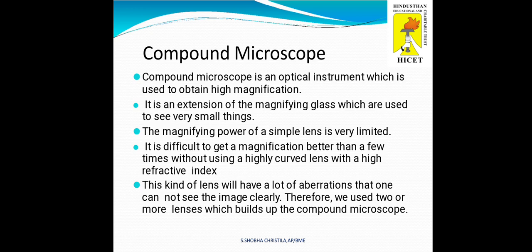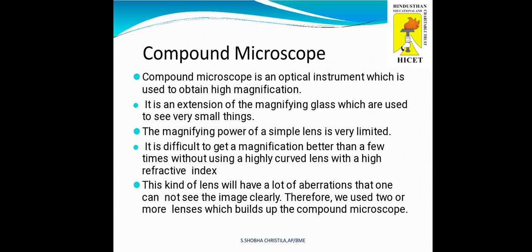Compound microscope. Compound microscope is an optical instrument which is used to obtain high magnification. It is an extension of the magnifying glass which is used to see very small things. The magnifying power of a simple lens is very limited.